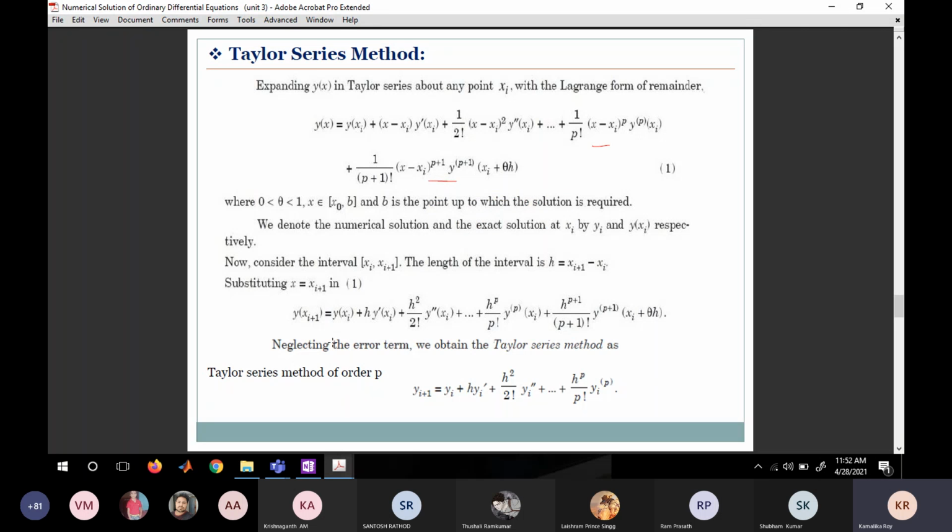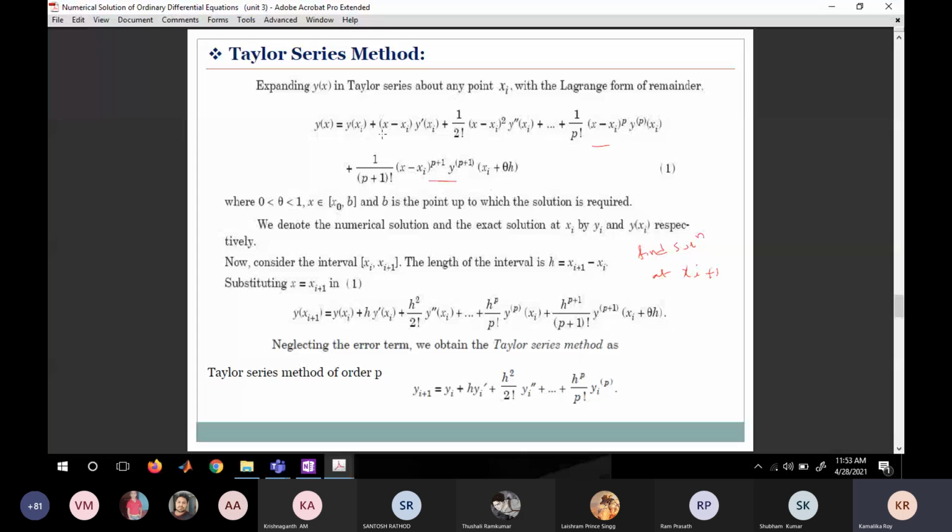Now suppose you want to find the value at xi plus 1, then we will substitute xi plus 1 here. So this will give you y(xi plus 1) equals y(xi), and our step length will be h.